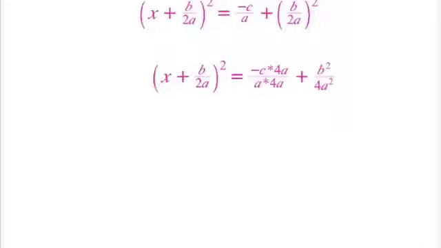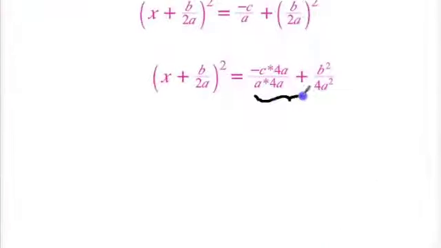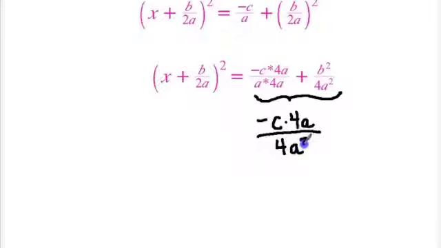Right, some people have trouble with this process, so let's take it a little slower and more carefully. On the right-hand side, we're combining the common denominator of 4a squared, and we took that left expression, negative c over a, multiplied numerator and denominator by 4a. That gives us negative c times 4a in the numerator. We're going to rewrite that in a minute as negative 4ac.